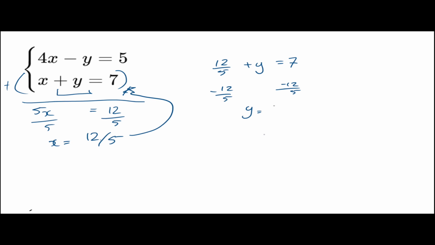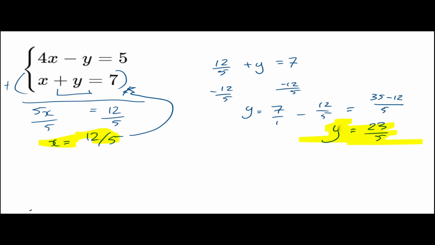So y is going to be 7 over 1 minus 12 over 5, which is 35 minus 12, 23 over 5, and that's y. That's our final answer. x equals 12 over 5, y equals 23 over 5.